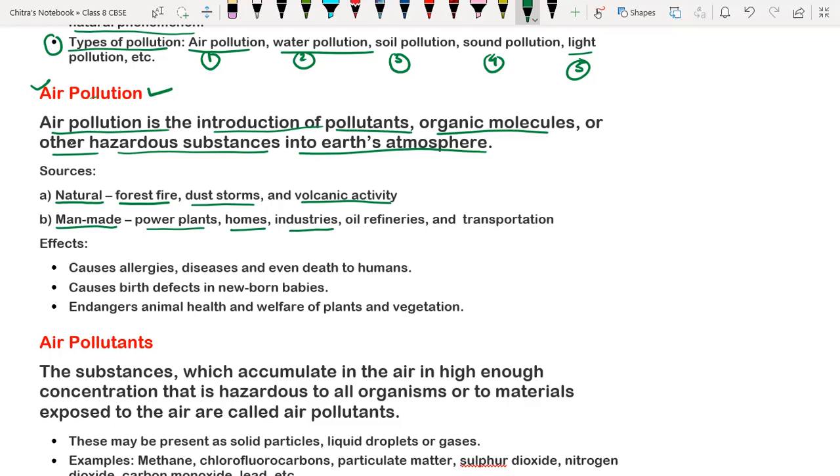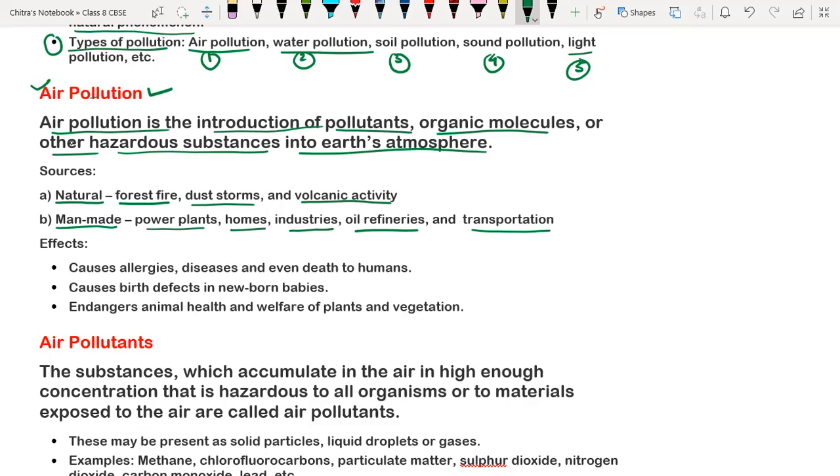Industries release smoke and other factors which cause air pollution. Then oil refineries and transportation. These are the sources by which air pollutants are released directly into the atmosphere. Hence, they are called man-made sources of air pollution.